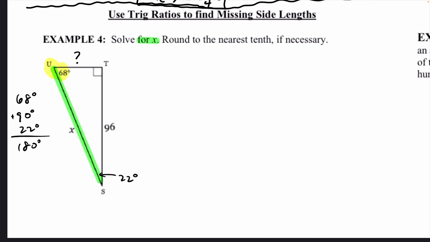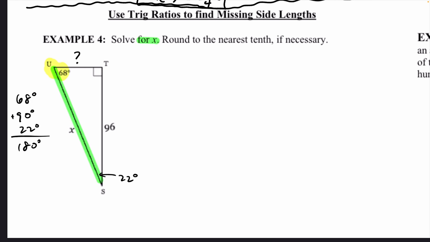What is 96? Is 96 adjacent, opposite, or hypotenuse? So from U to 96, it's opposite, right? And then the missing side from angle U, is that opposite, hypotenuse, or adjacent? It's hypotenuse, right?